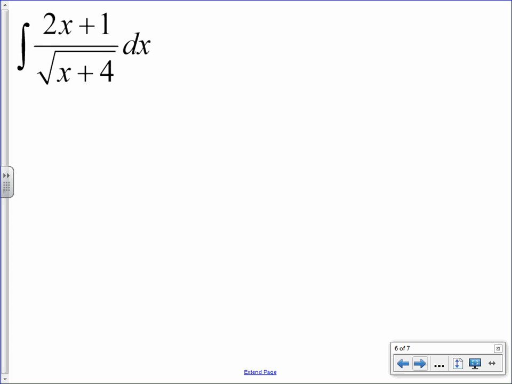Okay, so I see a composition. Do you see a composition? Yeah, it's on the bottom. Okay, so what would we let u equal? x plus 4, which is nice, du equals dx. So dx becomes du.